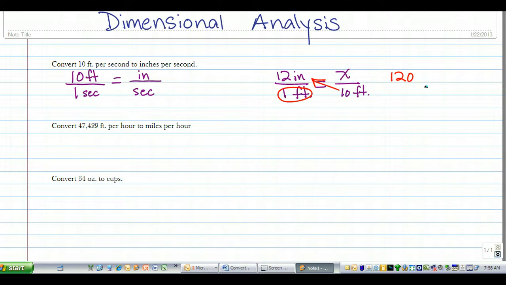Okay, so 10 feet is really 120 inches. So I can change that to inches now.